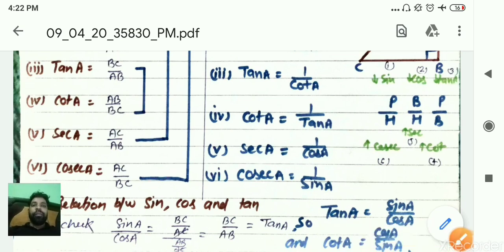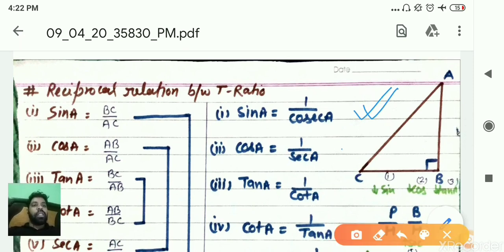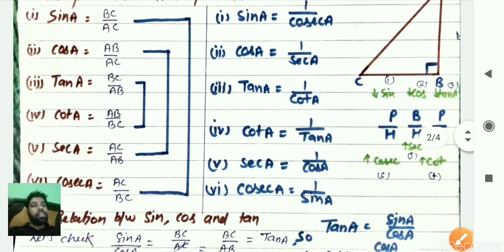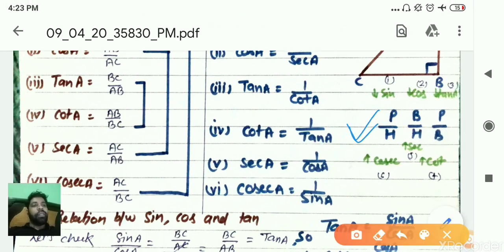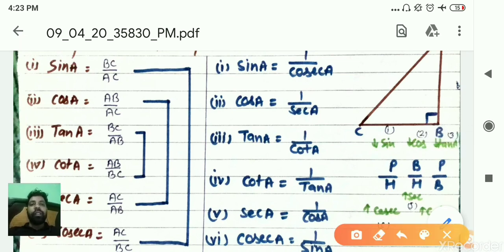By these terms we can conclude one thing, that sin A is equal to 1 upon cosec A, cos A is equal to 1 upon sec A, tan A is equal to 1 upon cot A, cot A is equal to 1 upon tan A, and sec A is equal to 1 upon cos A, and cosec A is equal to 1 upon sin A. That means simply you can learn that sin is the reciprocal of cosec, as well as cosec is the reciprocal of sin.